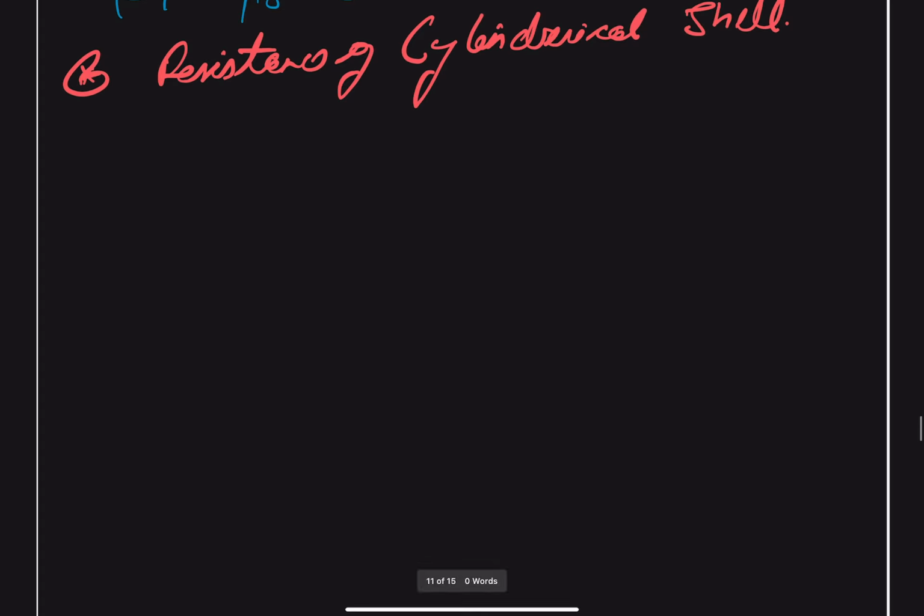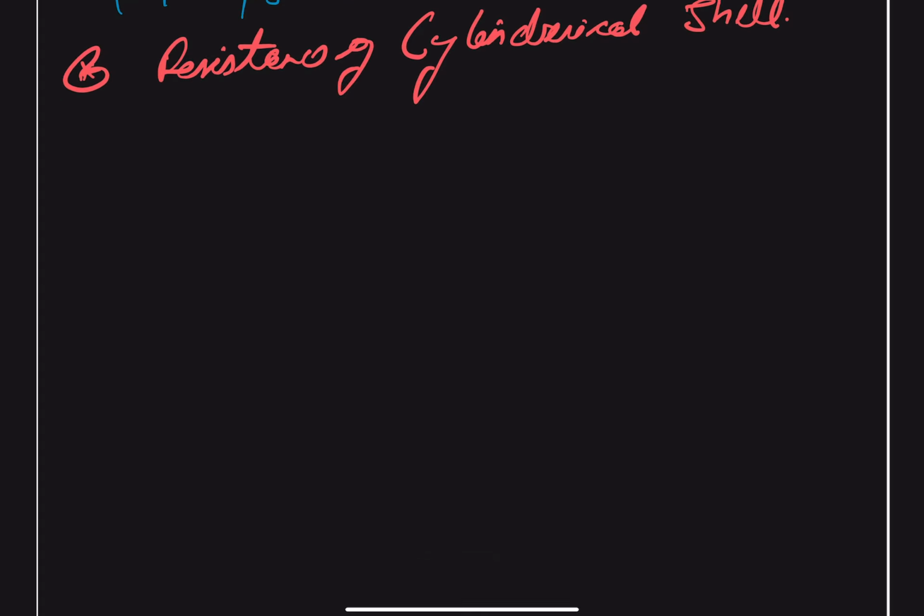So the resistance will be, for the current, the length of the current path, which is the circumference.